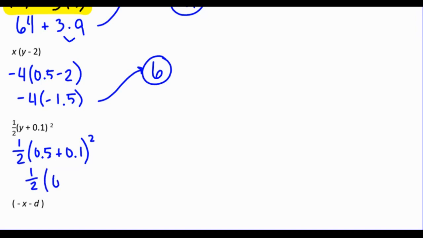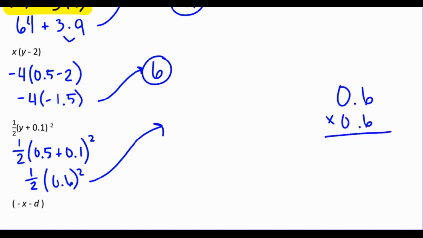So I have a half times 0.6 squared. I'm going to rewrite it up here. So I have multiplication and exponents. I want to do my exponents first. So let's do this by hand. Let's keep our composure here and multiply decimals just for a little bit of a review. 0.6 squared is the same thing as timesing it by itself. 6 times 6 is 36. 6 times 0 is 0, plus 3 is 3.